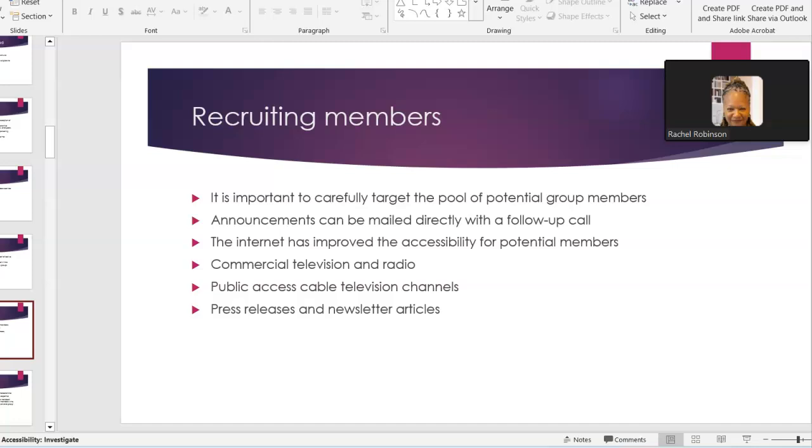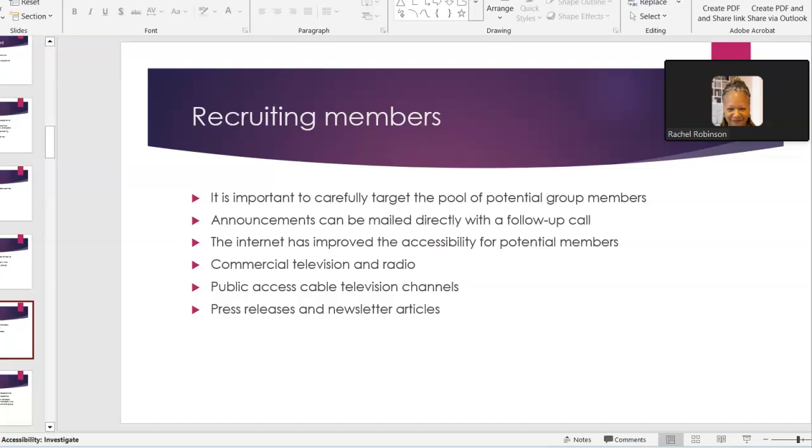So you want to target a potential pool of group members. Depending on the type of a group, depending on the way in which Nancy wants to configure her group, it might make sense to do some mailings, phone calls, that type of thing.